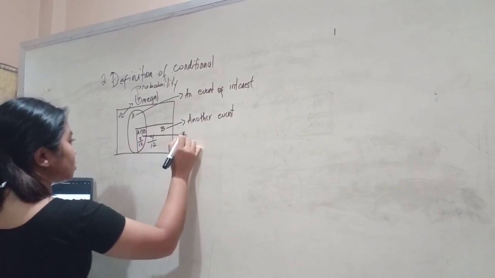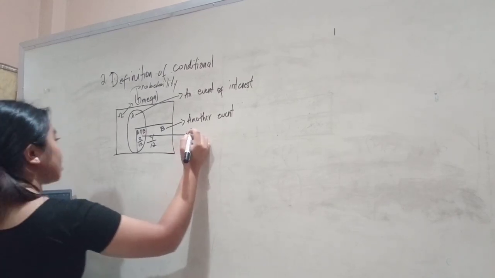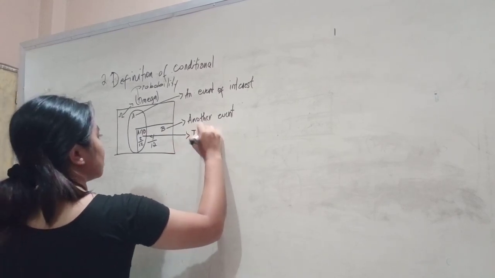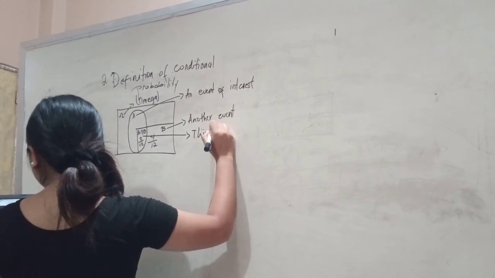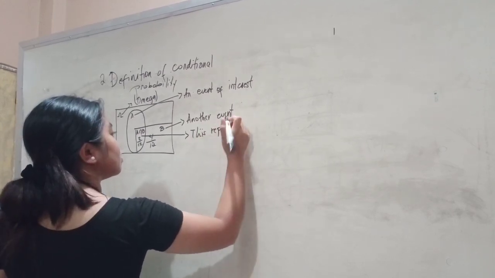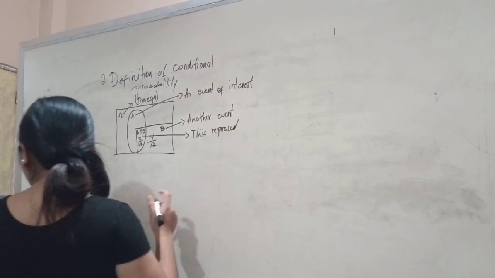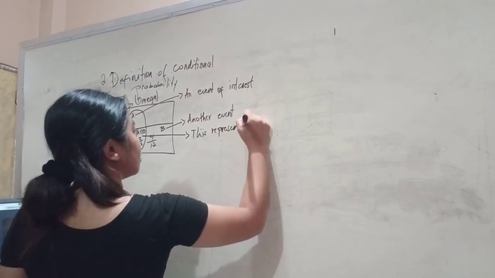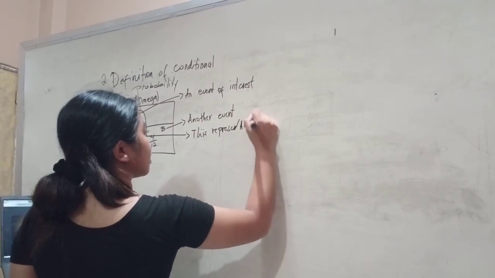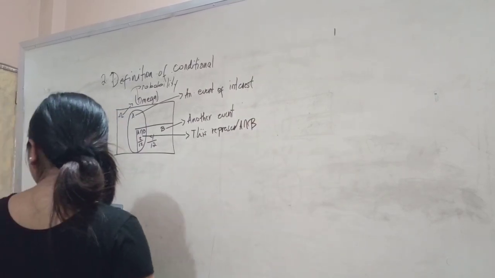And this represents A intersect B, the event where both A and B occur.